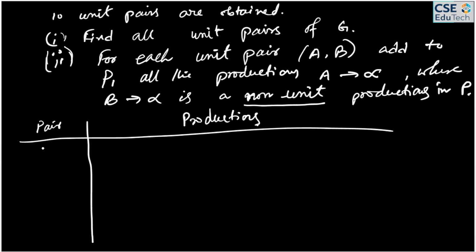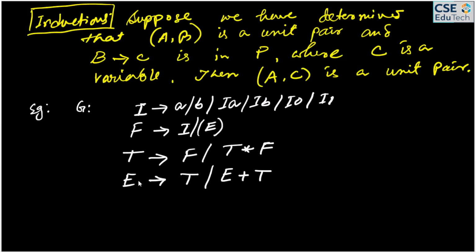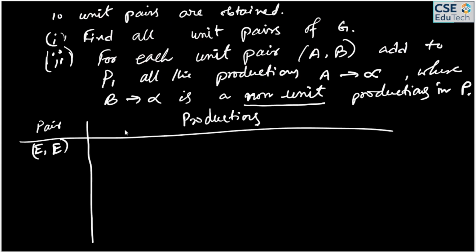Clear? So first pair is E comma E, right? And we have to include in P1 those productions A to alpha, where B to alpha is a non-unit production. So first we go to this E. E to non-unit production is E plus T. So we have to include this production here.